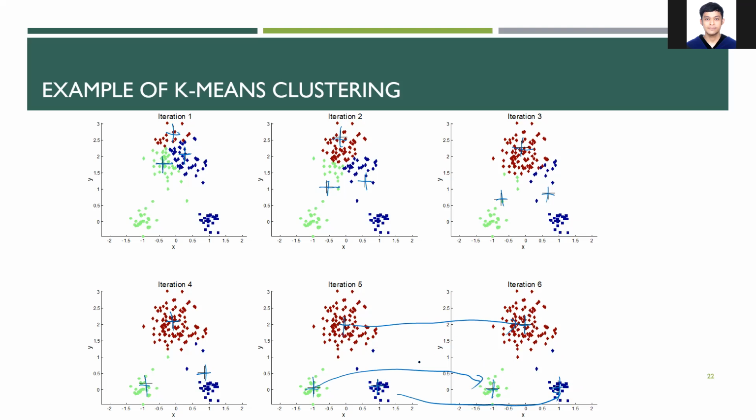They don't move anymore, so we can stop. Or even if they change location, maybe it is not significant because it's very close. So we can stop, and this is the final result: cluster 1, cluster 2, and cluster 3.